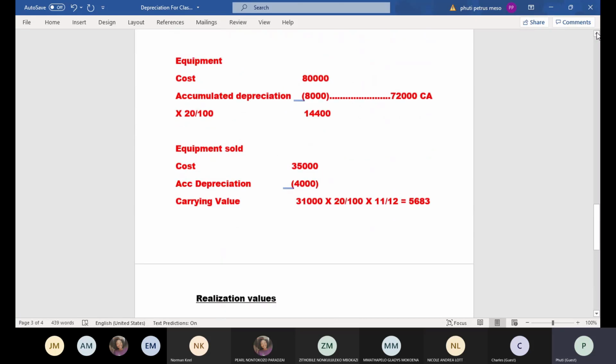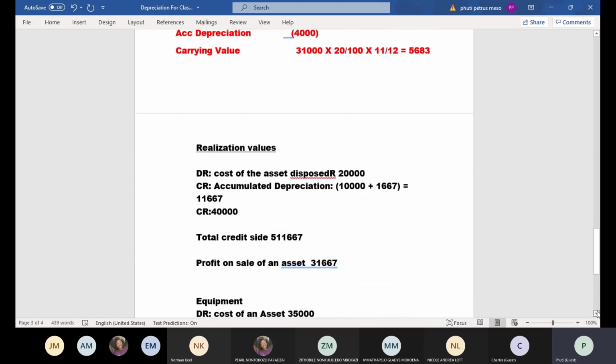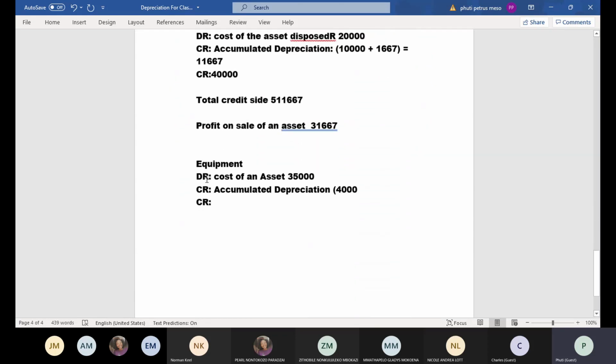Let's see, equipment sold, accumulated depreciation and carrying amount is 5,683. So we bring it here. 5,683. Then we have to edit here. We'll add up to that one is fine.